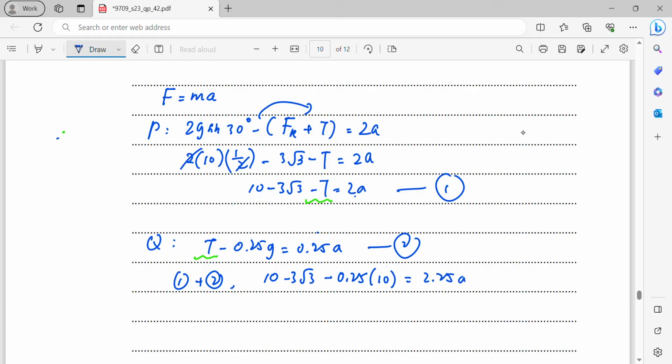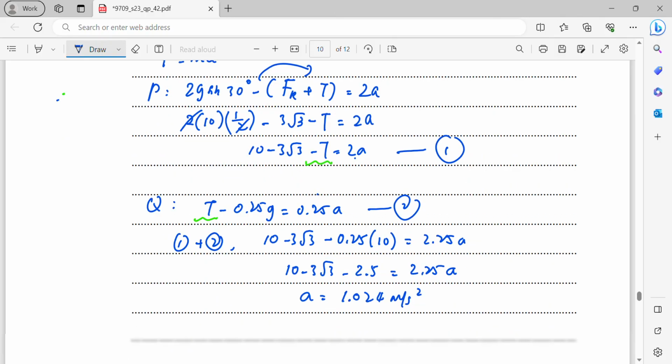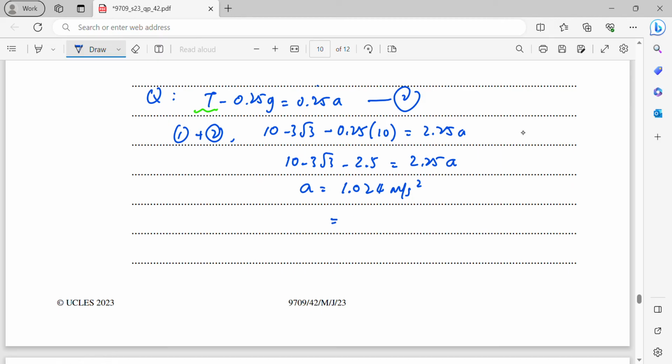Alright, so now simplify. It will be 10 minus 3 root 3 minus 0.25 times 10. It will be 2.5. That equals to 2.25A. So at last your A is going to be all these values divided by 2.25, then you will get 1.024 meter per second squared, which is equals to 1.02 meter per second squared.